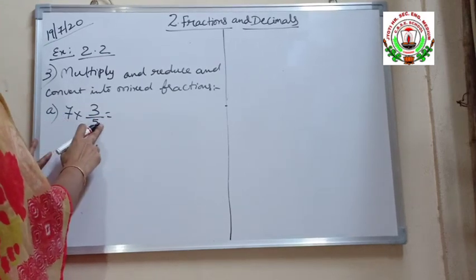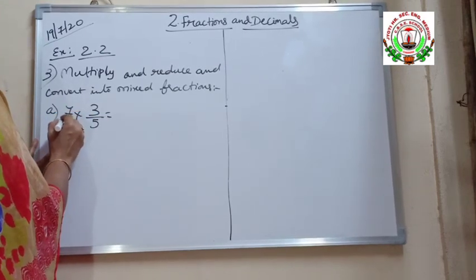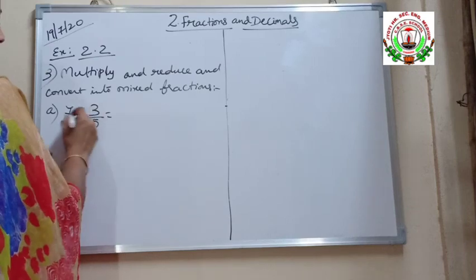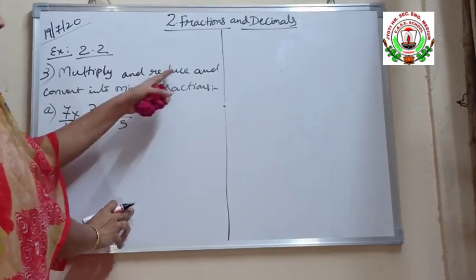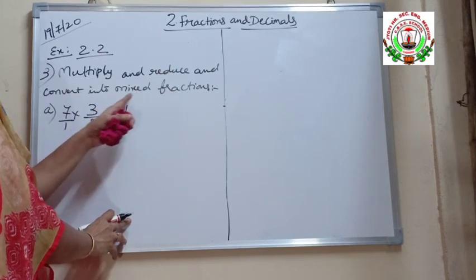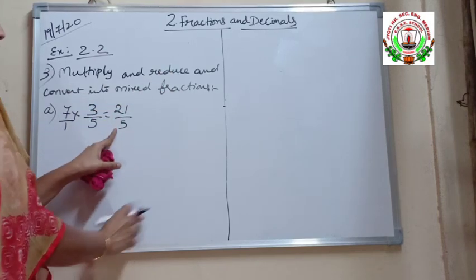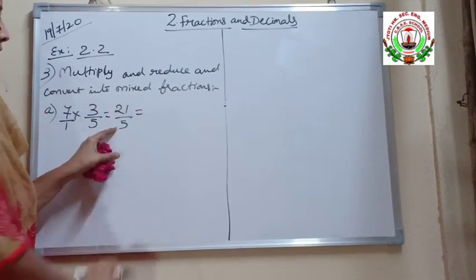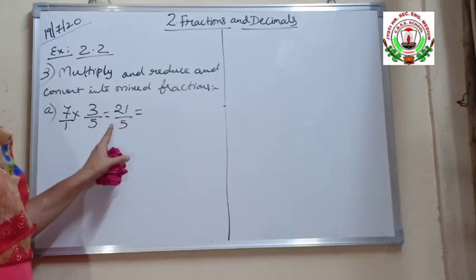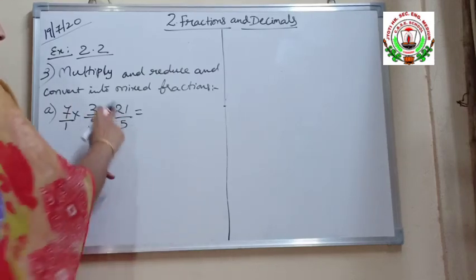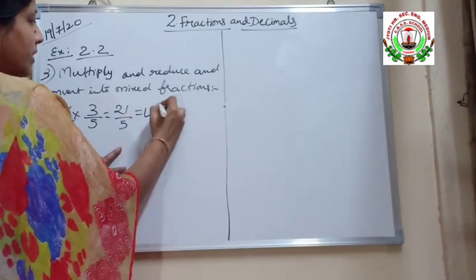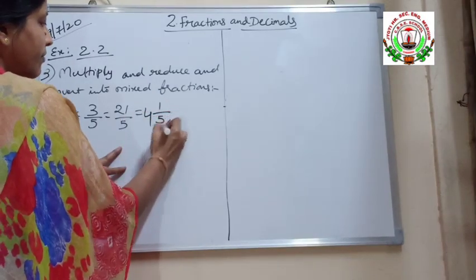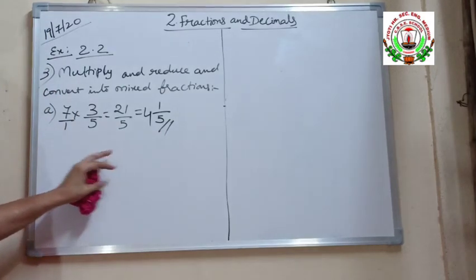Again a whole number and a fraction. So I am converting this whole number as a fraction with denominator 1. So 7 3s are 21, over 1 by 5. They have asked you to reduce and convert into a mixed fraction. So I have to multiply these, and then divide this improper fraction to make a mixed fraction. So when I divide it, I'm going to get 5 4s are 20, 1 will be the remainder, divided by 5. This is your mixed fraction.